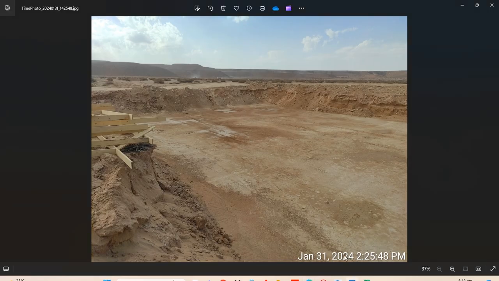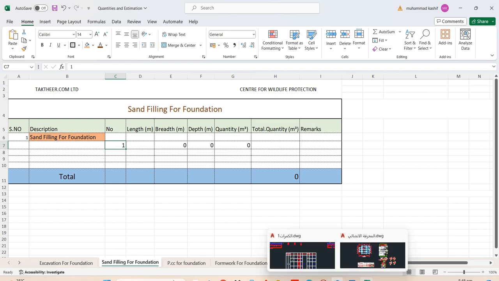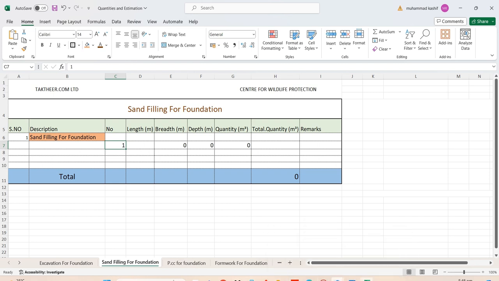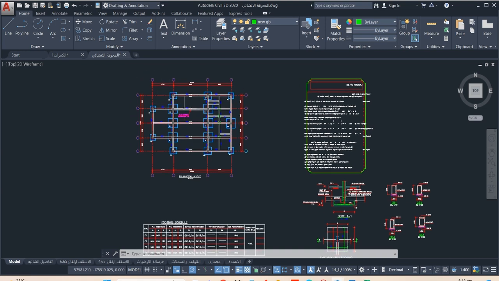So we were told by our consultant to fill a sand layer of 20 centimeter. Let me tell you the area where we have to place the sand layer. Let me show you in the diagram this whole surface. This is around 21 meter, and let me zoom in.